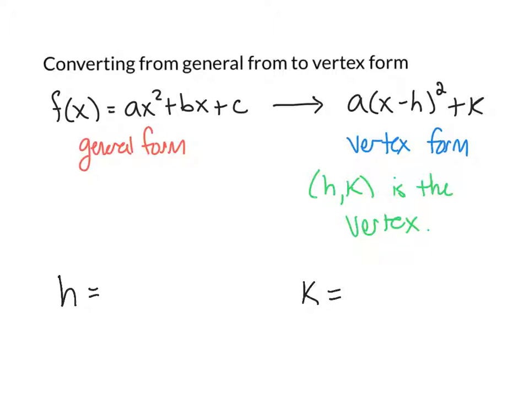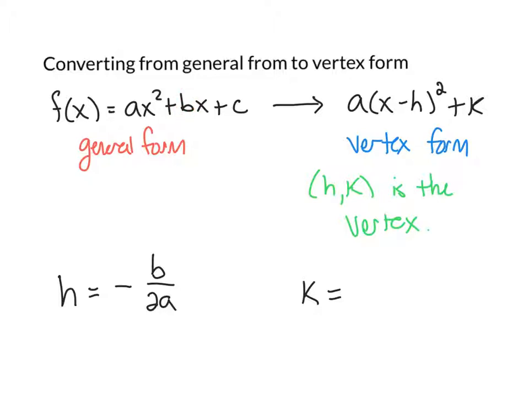All right, so in class, what we found was that to compute h, we look at the formula negative b divided by 2a. This b and this a come from our general form.